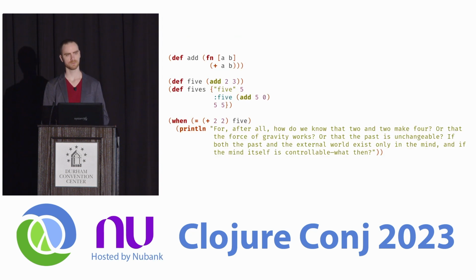Now, maybe that blew your mind, but here's a pop quiz. Take a look at this code. We have a few vars, top level. We're defining add, that's a function. I'm using def and fn here, but defn would effectively end up being the same thing. There's no trickery here, I promise.